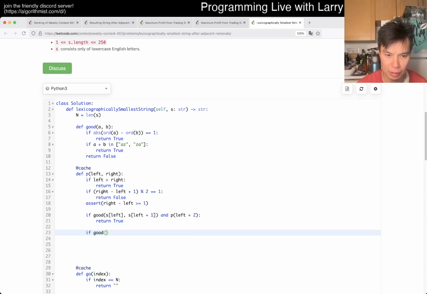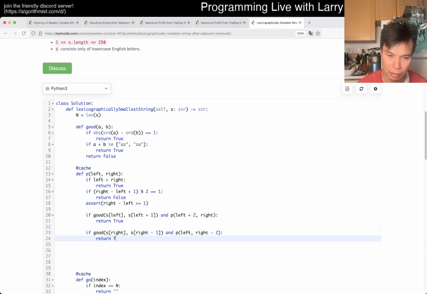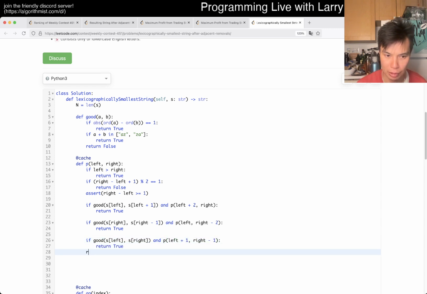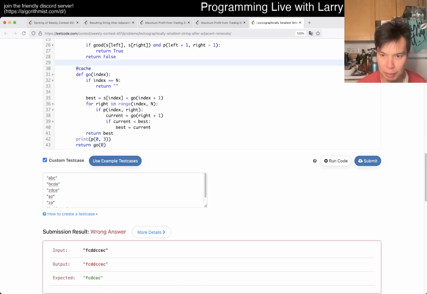If good of s of right -1, and p of, oh, this is left +2, right? Left, right -2, also return true. Otherwise, then return just if good of, so this is the, if it is just everything in between is good, then this is the last move, right? Yeah, left +1, right -1, and return true. Otherwise, return false. Something like that, and that's like n cubed, I suppose.